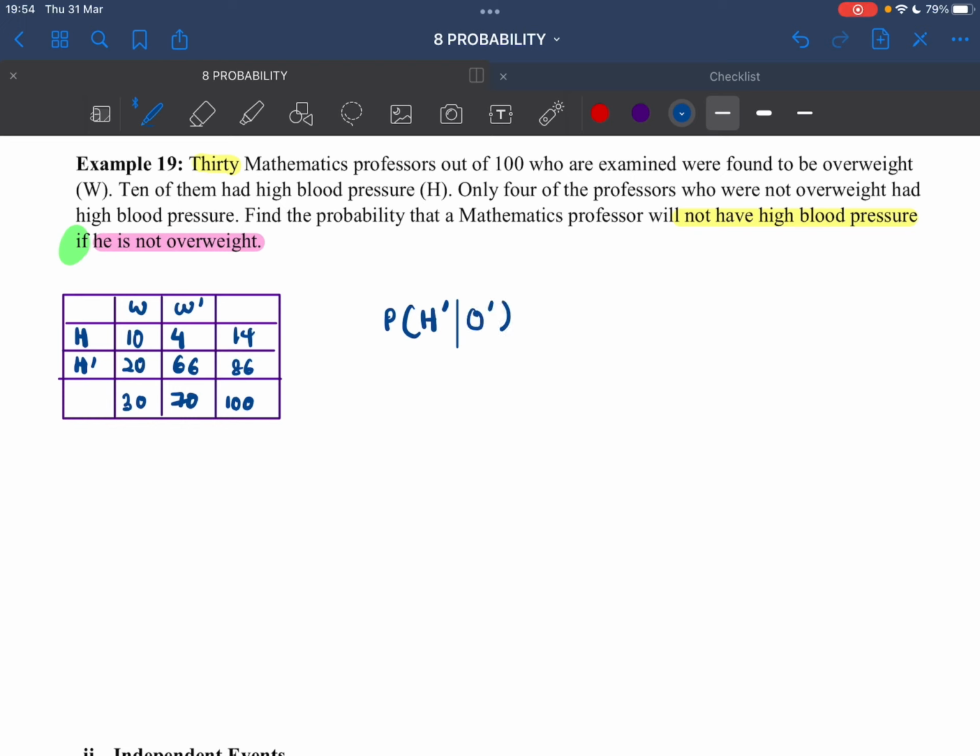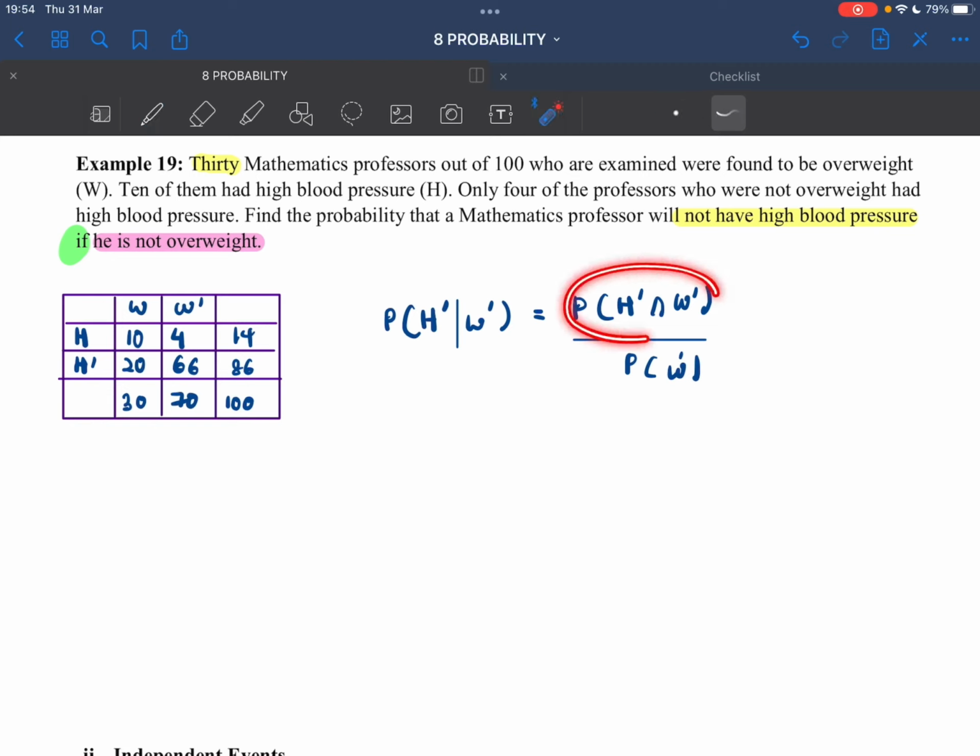This is what we want to find. Using the formula of conditional probability, we have P(H prime intersect W prime), and follow the order: what is in the back will be on the bottom as well.